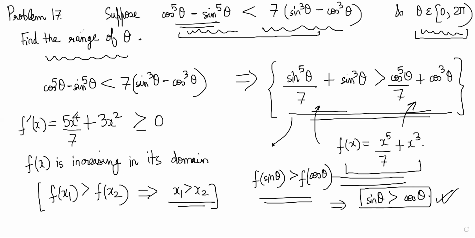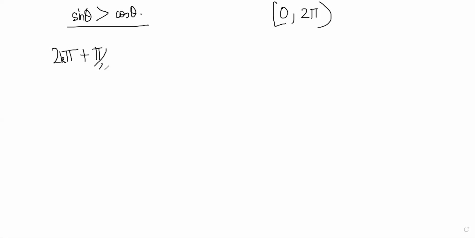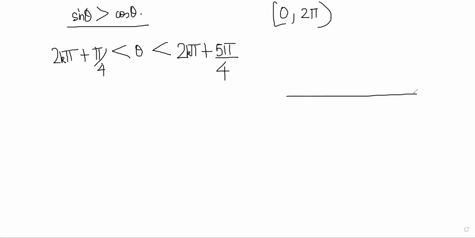Now, the rest of the question is pretty obvious. How will you find the range where sine theta is greater than cos theta? You can draw the graph and find the interval in 0 to 2 pi, or you can find the general solution. The general solution for sine theta greater than cos theta is 2k pi plus pi by 4 less than theta less than 2k pi plus 5 pi by 4. How do I know this? You can just draw the graph of sine and cos, and you will get a sense of where sine is bigger than cos.